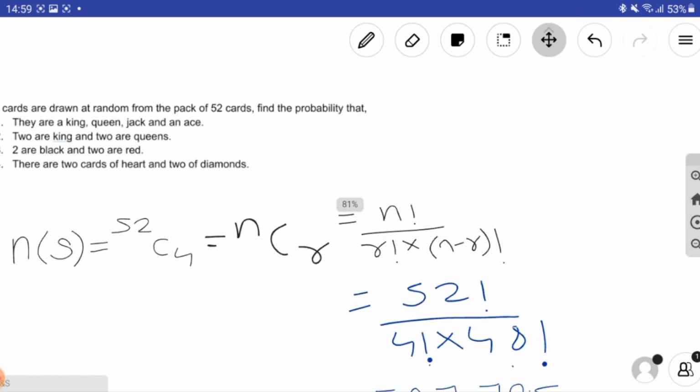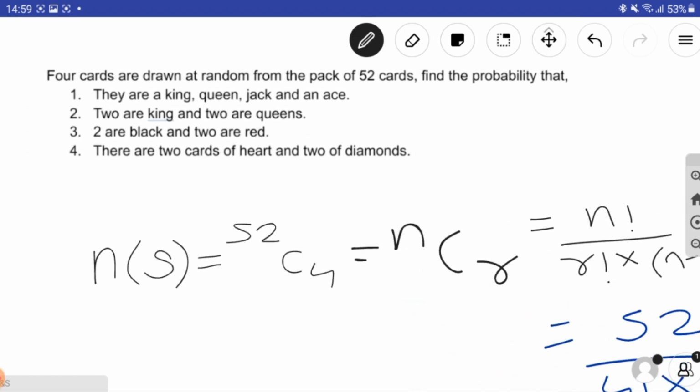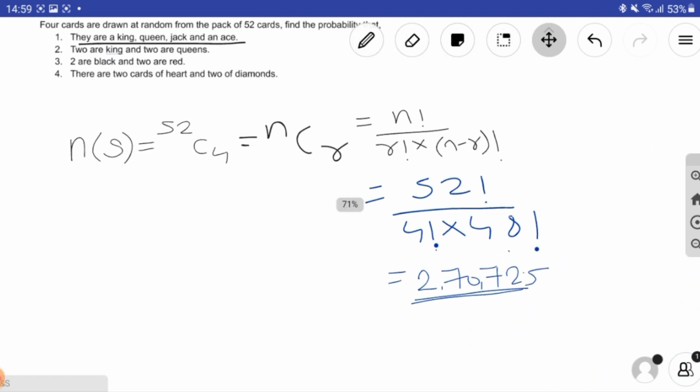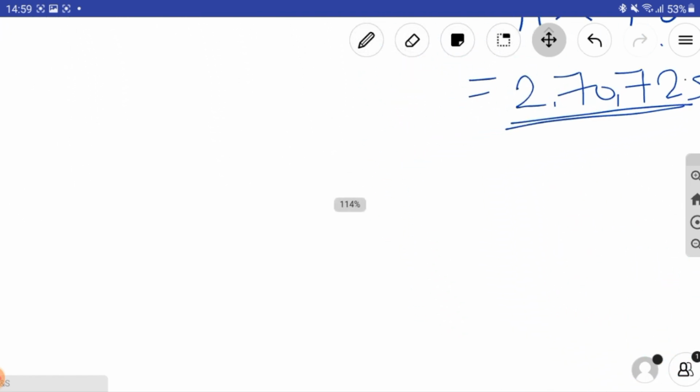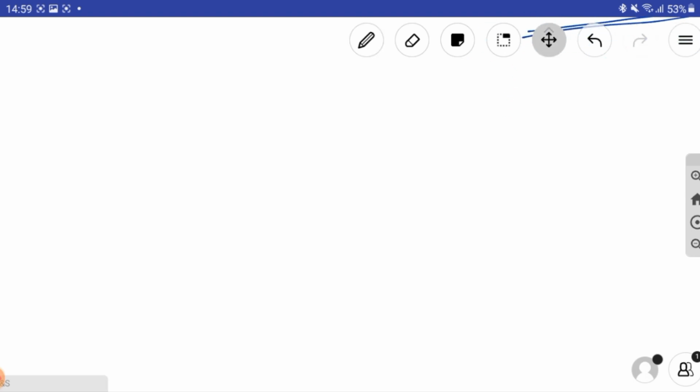Now let's see our first question, that is there are a king, queen, jack and ace. So the 4 cards drawn from 52 cards may be a king, queen, jack and an ace.